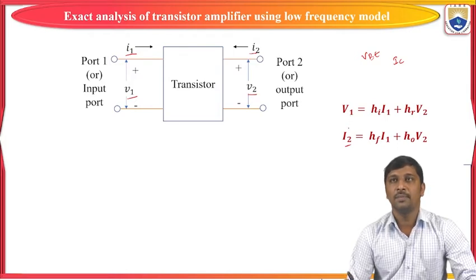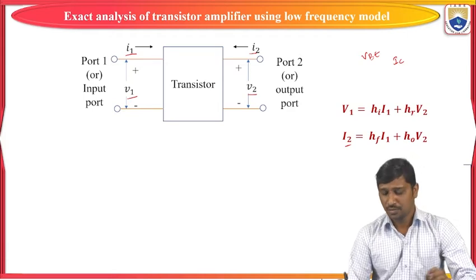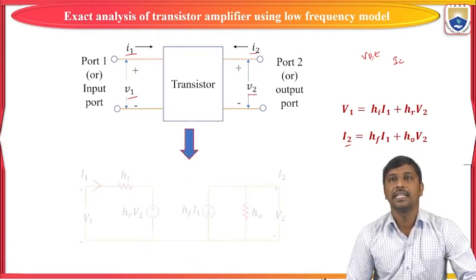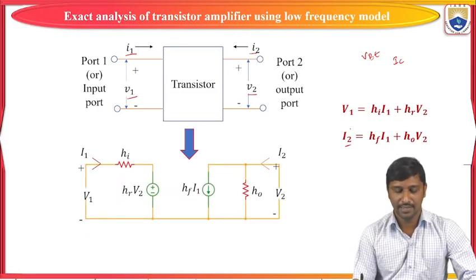So the two dependent parameters, input voltage and output current, are represented in terms of two independent parameters, that is, base current and output voltage. From this, we drew a small signal equivalent model by using these two mathematical relations.